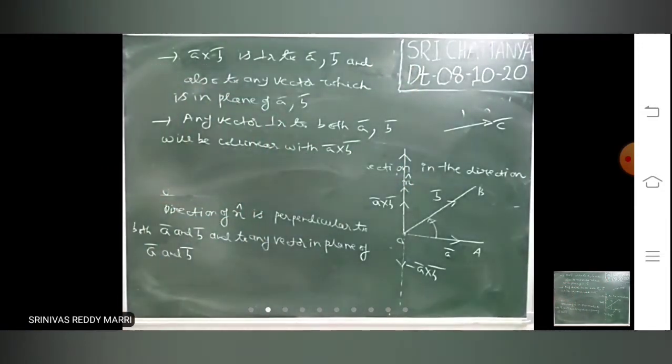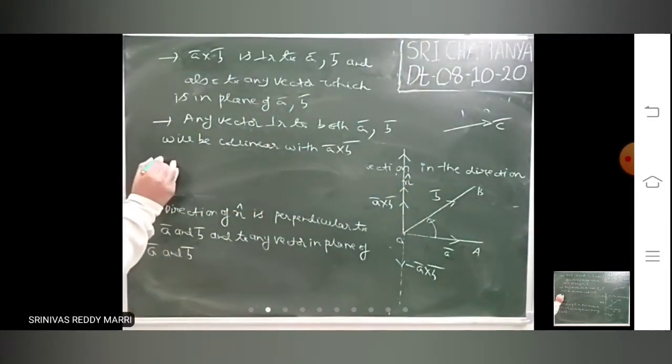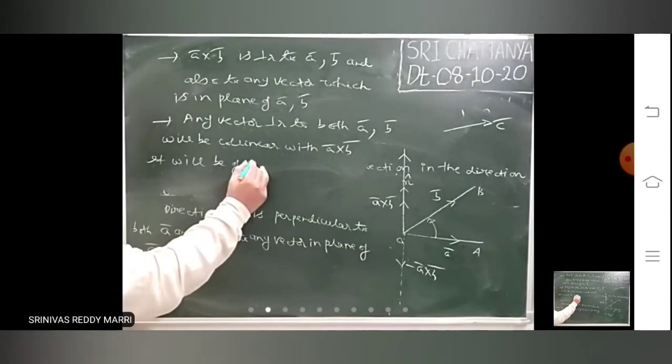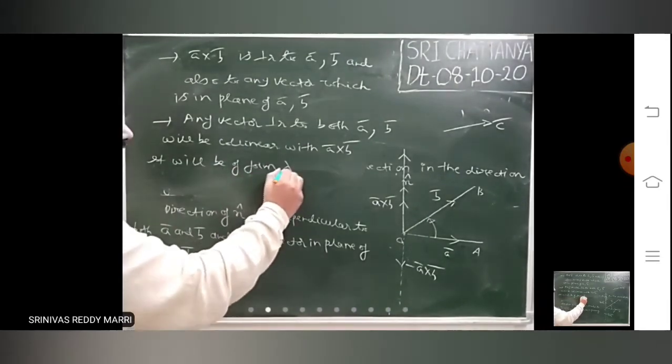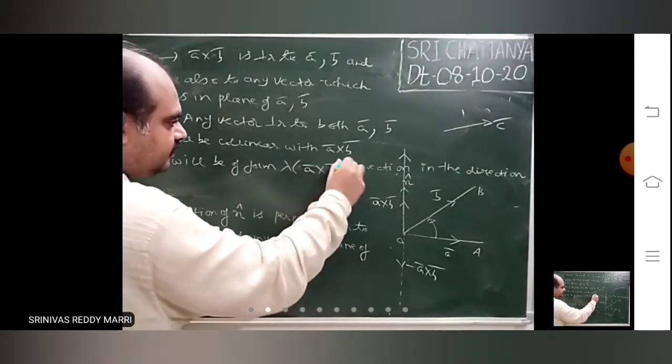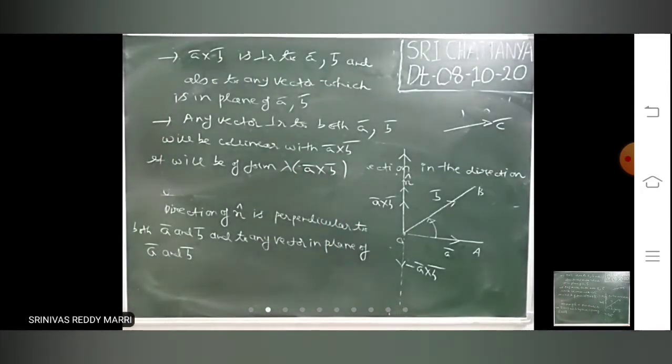In this direction if you take a vector it will be perpendicular. That means any vector perpendicular to both will be of the form lambda into A bar cross B bar.